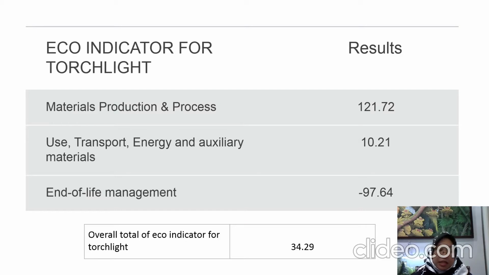As for the third section, it is the end of life management of each material. The materials chosen for the torchlight are designed to be recycled at their end phase. Reusing, recycling, or incinerating the discarded product saves significantly more energy compared to a product disposed of in landfill, which totally loses its residual energy.